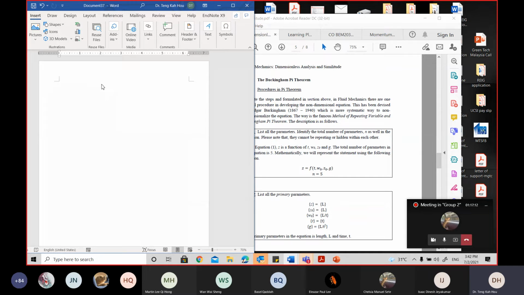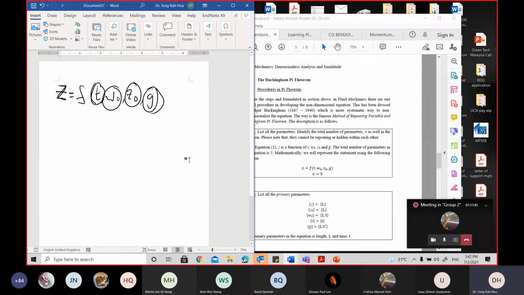What's the tricky part of the Buckingham Pi theorem? I know only the relationships. I know my equation of z has a relationship with time, with w0, with the velocity z0, and with g. Then nothing else I know. But I wish to make my equation dimensionless.